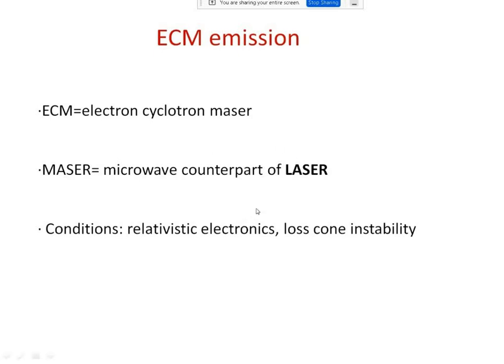Laser is what we use like a pointer, and laser is light frequency, and maser is microwave frequency. So it's just an amplification of light or electromagnetic waves. The conditions for generation of maser in the solar corona are that there should be relativistic electrons and a loss cone instability.